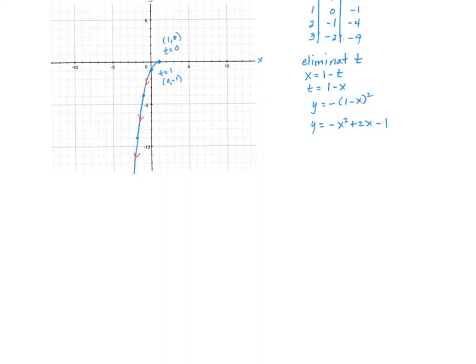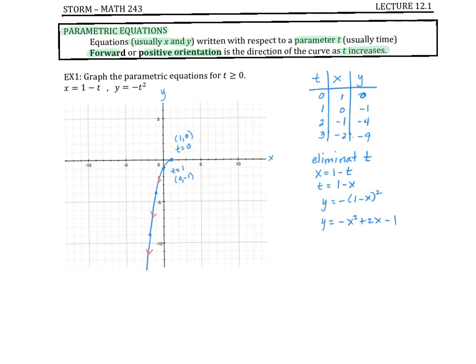Now I just say the direction it's generated in because when you look at the word forward orientation, positive orientation, it sort of implies that it's going to be going forward, so maybe to the right, and all positive values, which is why I usually just say generated.